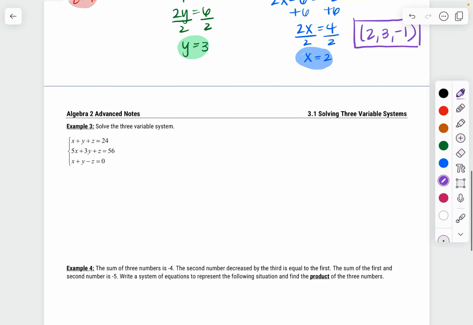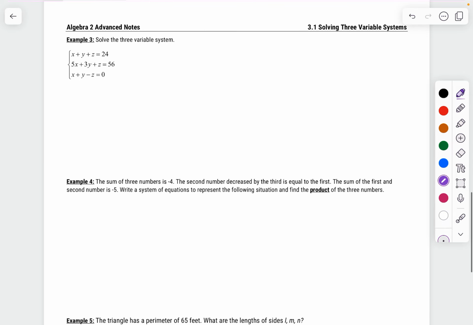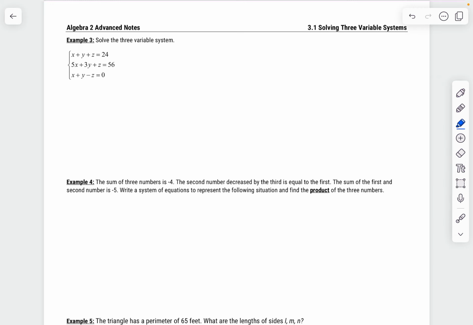So if I look at example 3, the first thing that I want you to notice is to try to pay attention to things that look the same. So in this case, when I look at 3, I see that I have an x plus y that are completely by themselves. So 1x and 1y. And I also see that I have another 1x and 1y.